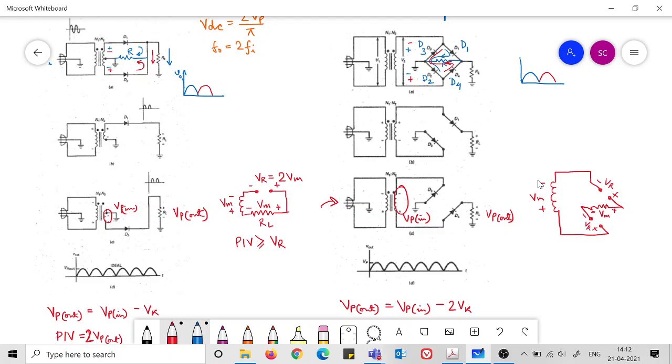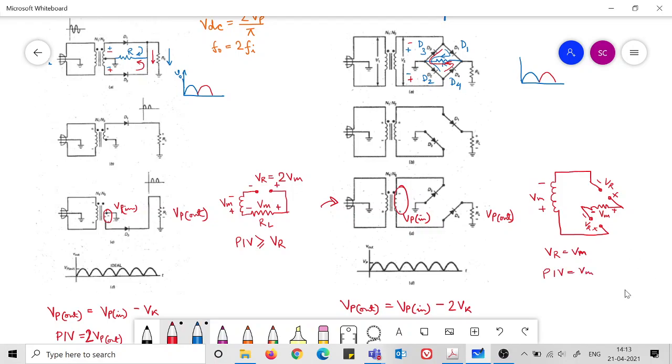So you see VR must be equal to Vm in order that this voltage in the circuit is Vm and this Vm voltage in the circuit can get balanced out, because there is no current flowing through this circuit, so these voltages must balance out. So your VR should be equal to Vm and PIV is Vm.